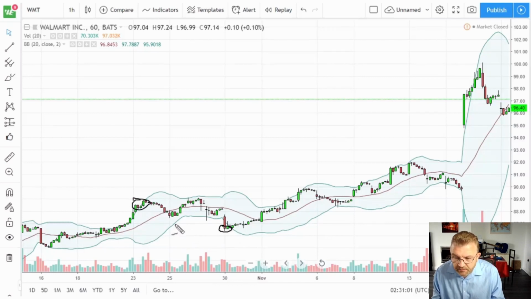You can say that you sell here and then you buy again when you close outside of it, and you sell here, you buy again when you close outside of it, which we're still waiting for on this chart. You got overbought again, so you could say I'd sell it again, but you didn't have the close outside, so that's the problem with playing both sides.